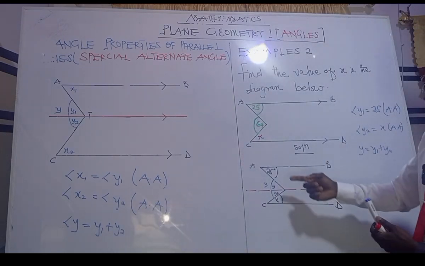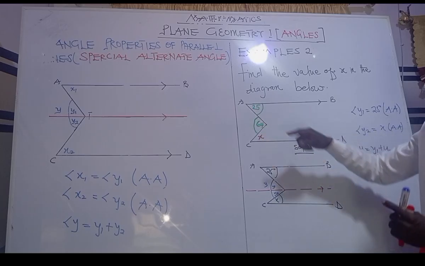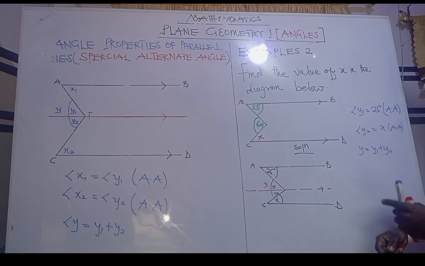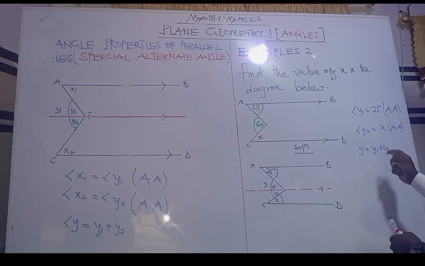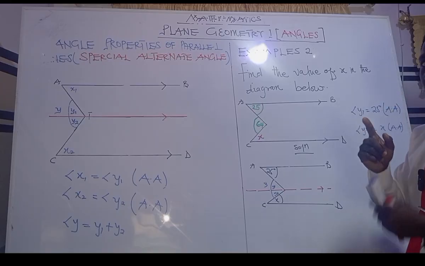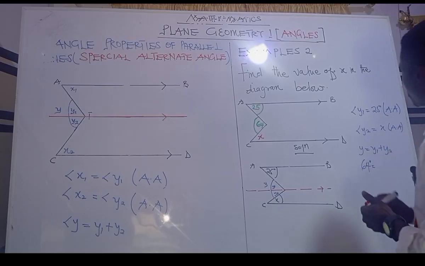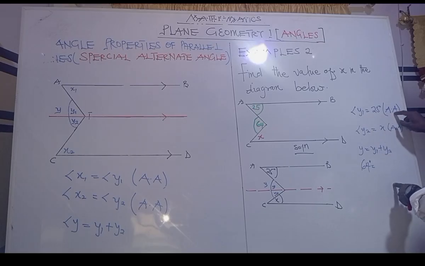Good. Now from the question, we realize that the whole of this angle is equal to what? 64. So we can say that y, or the whole of this angle, is equal to 64. Our y is equal to 64 degrees. Good. But from here, we said that y1 is equal to 25, alternate angle.